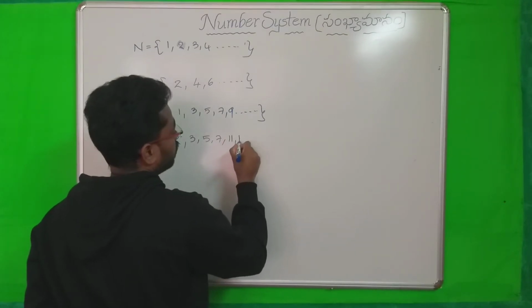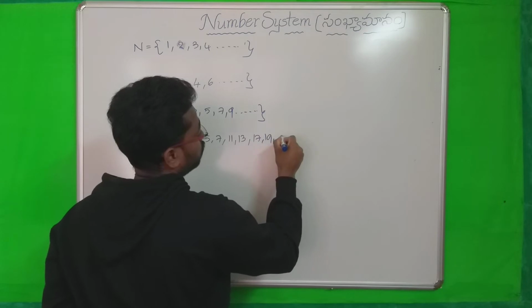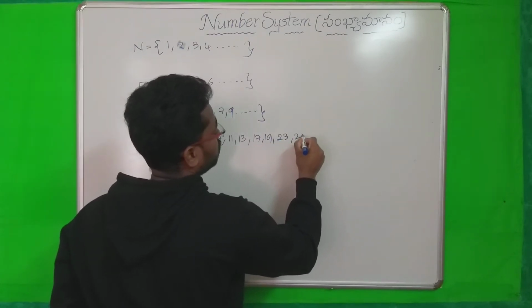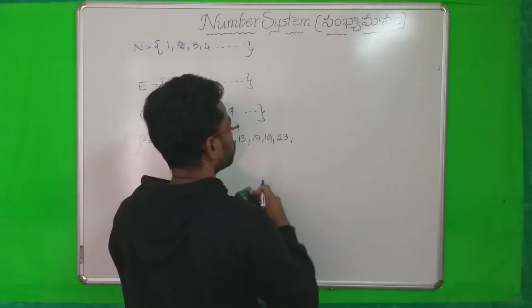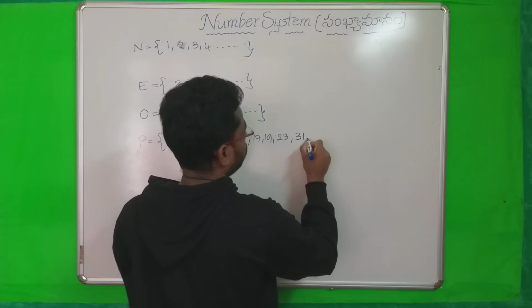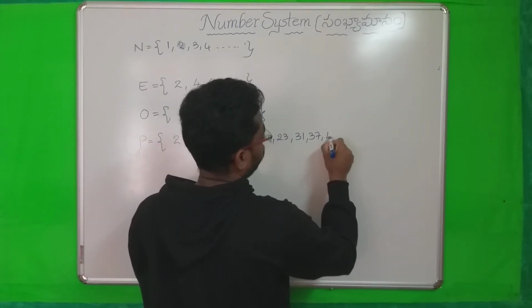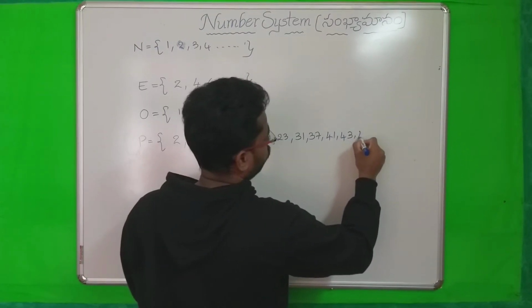So next 11, next 13, 15 not, 17 and 19 also, and 21 not, 23 and not 25, not 27 also. So 31 and 37, not 39, 41, 43. Next 47.